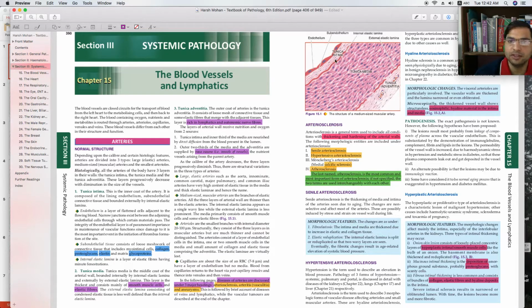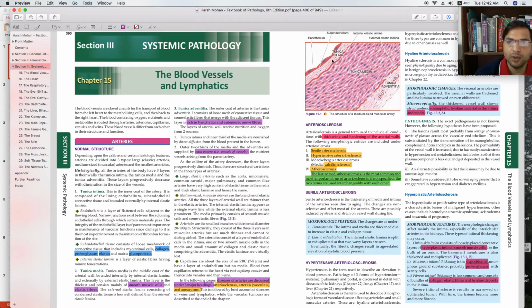And this tunica intima is lined by endothelium. So we all know that the blood vessels are lined by endothelium on the inside. The tunica media is the thickest layer, which contains the smooth muscle cells and some elastic fibers.